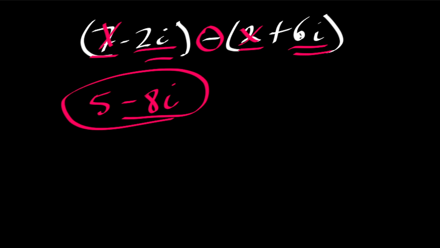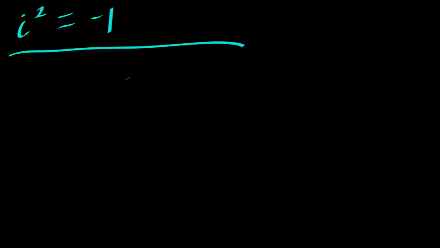All right, so now let's look at multiplying. Before we multiply, just keep this in mind. If you end up with i squared, remember that can be replaced with negative 1. So let's say I were to multiply 2i times 8 minus 3i.